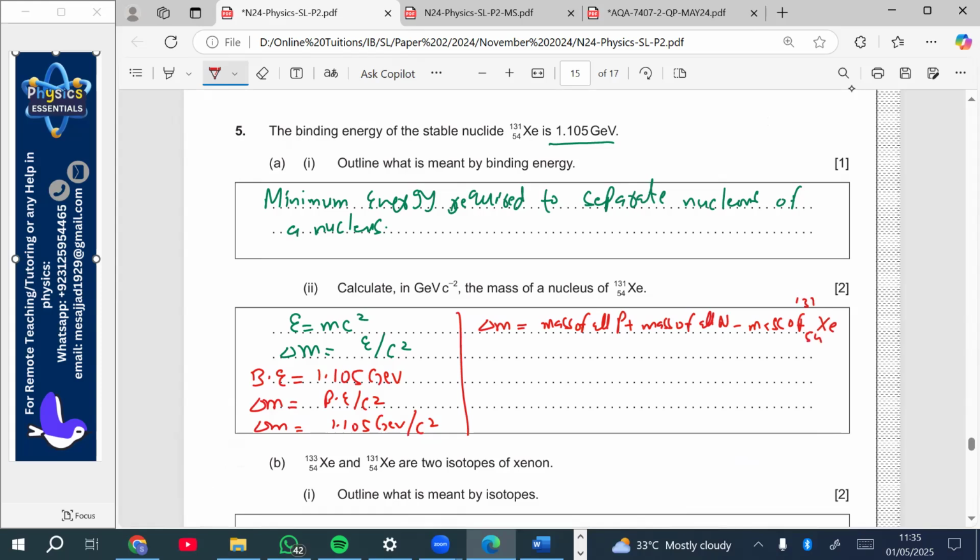When we do that, how many protons are there in xenon? 54. And what is the mass of one proton?